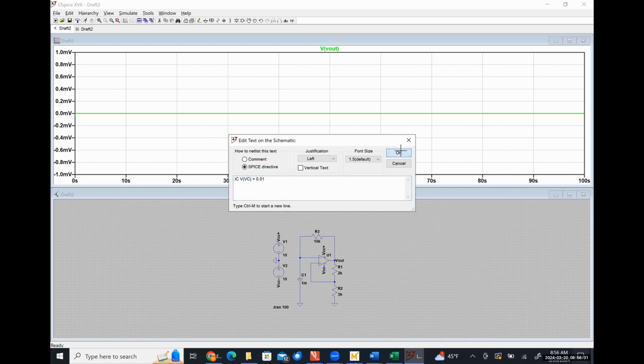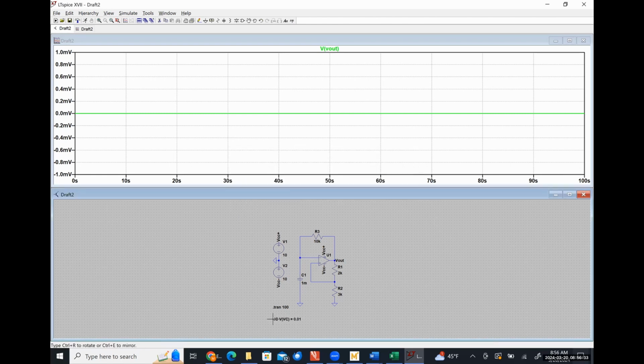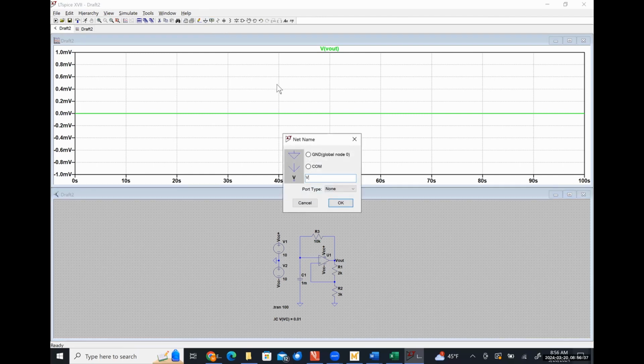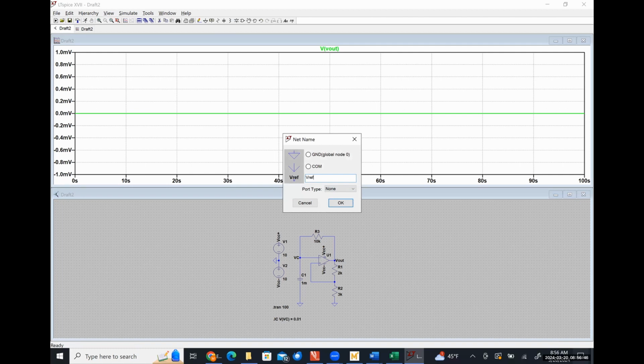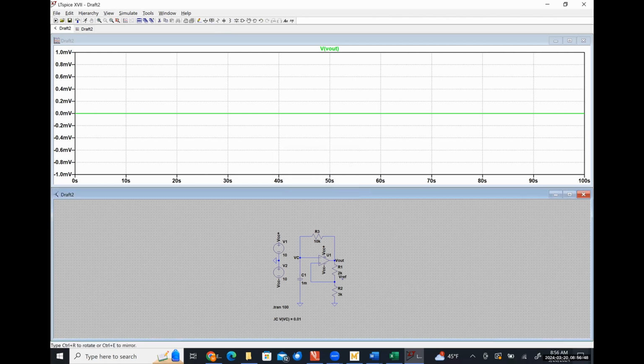So just 10 millivolts, no huge amount of stored energy or anything like that. And because I labeled that node as VC, I'm going to label this guy as VC as well. And just for the sake of argument, let's call that other node VREF so that we match up exactly with what we saw earlier.